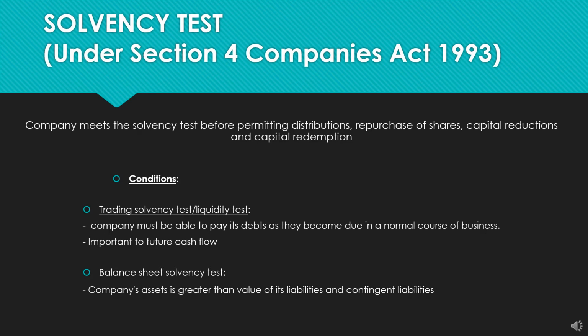The company meets the solvency test before permitting distribution, repurchase of shares, capital reduction, and capital redemption. There are two conditions: the trading solvency test and the liquidity test. The company must be able to pay its debts as they fall due.